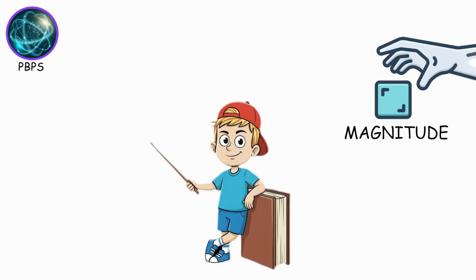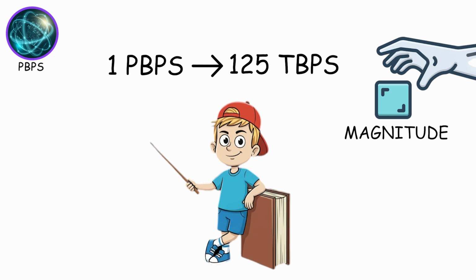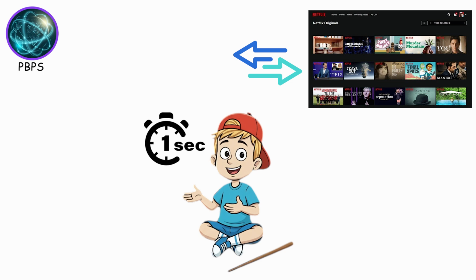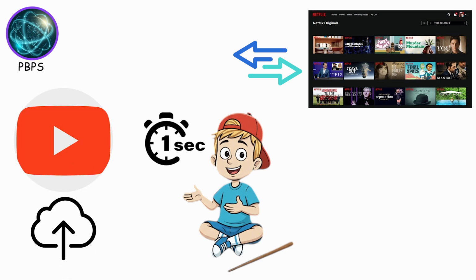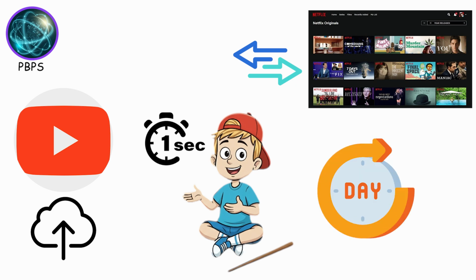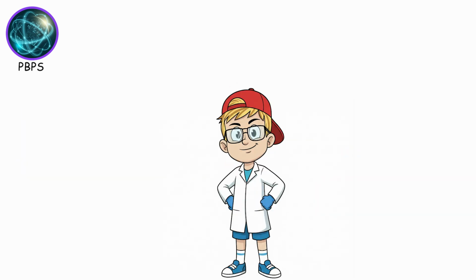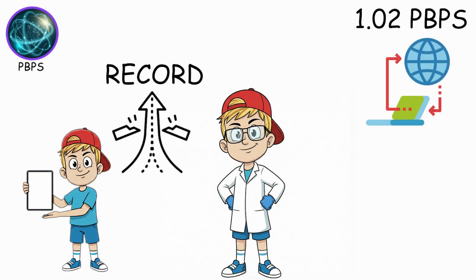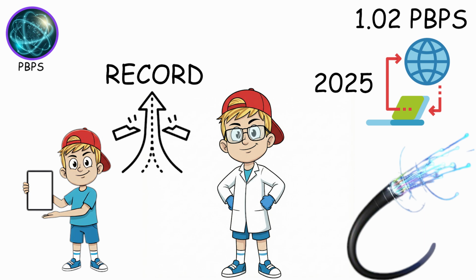To grasp the magnitude, 1 petabit per second equals 125 terabytes per second. In just 1 single second, you could transfer Netflix's entire content library or effortlessly back up everything uploaded to YouTube during a full day. Japanese researchers demonstrated a record-breaking 1.02 petabit per second transfer in 2025 using advanced fiber optic technology.